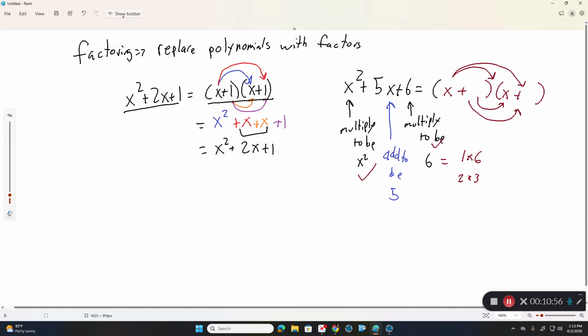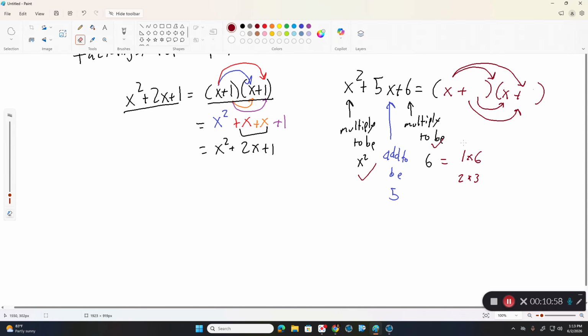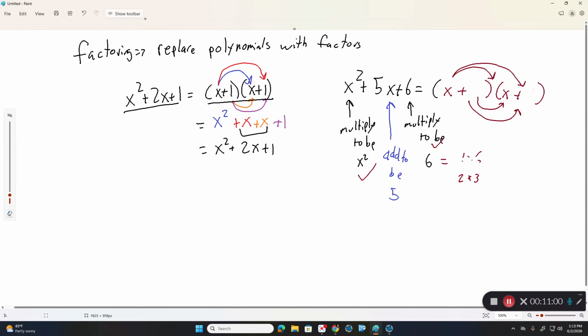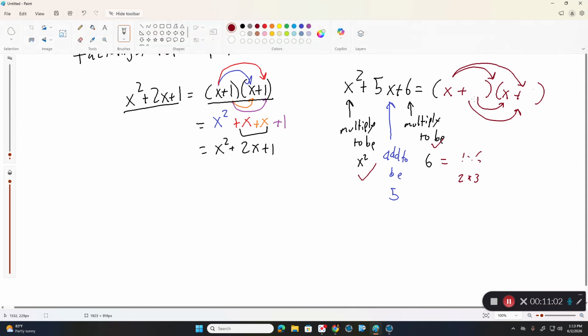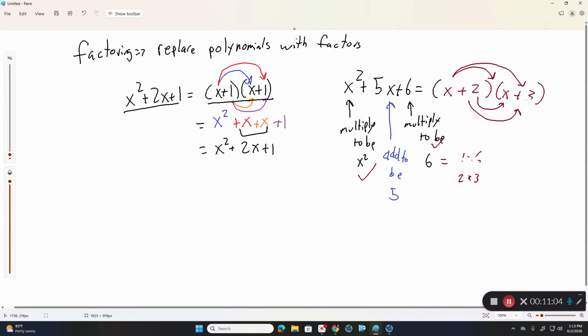And most of these are going to be simple enough that hopefully you'll be able to find them. So when the 1 and 6 doesn't work, I hope that your inclination is, let's try x plus 2 and x plus 3. And that actually does work out. Again, x times x, x squared. 2 times 3, 6. 3x plus 2x is 5x. We're good there.